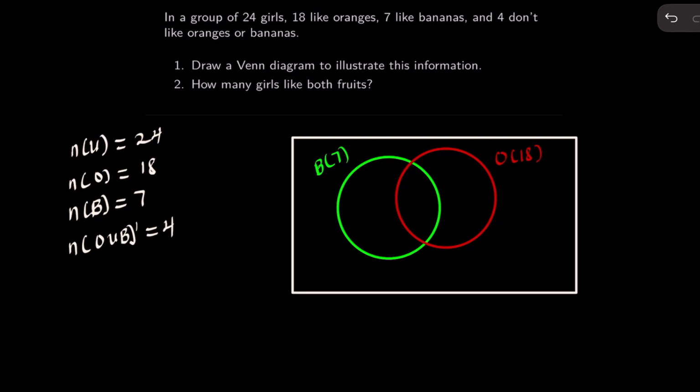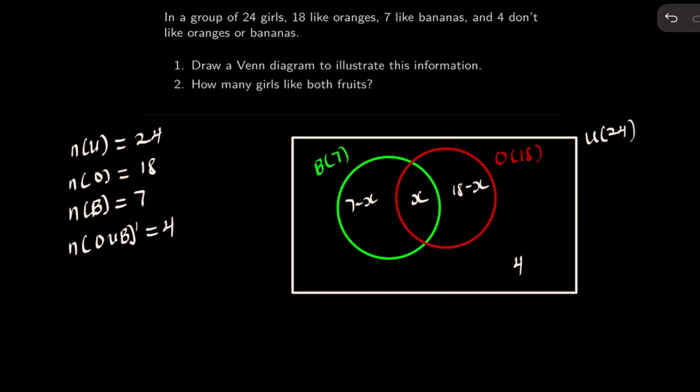And the number of girls who do not like bananas or oranges is giving us 4. And we have our universal set to be equal to 24. Now let's denote the intersection of O and B as X, right? So we are going to have here to be 7 minus X, and this to be 18 minus X. And so this is our Venn diagram representation.